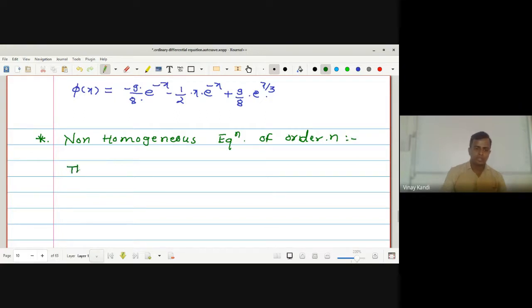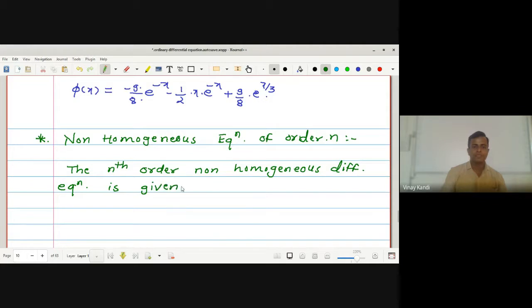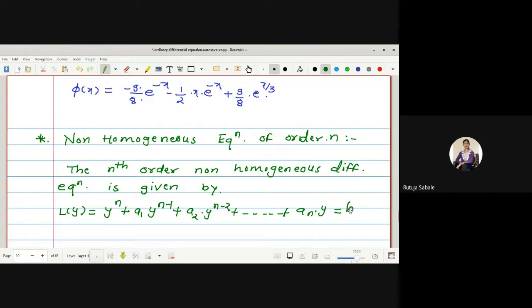Okay, the nth order non-homogeneous differential equation is given by L of y is equal to y raised to n, that is nth derivative, plus a1 y raised to n minus 1th derivative plus a2 into y raised to n minus 2 derivative of y plus and so on plus an into y, which is equal to b of x.